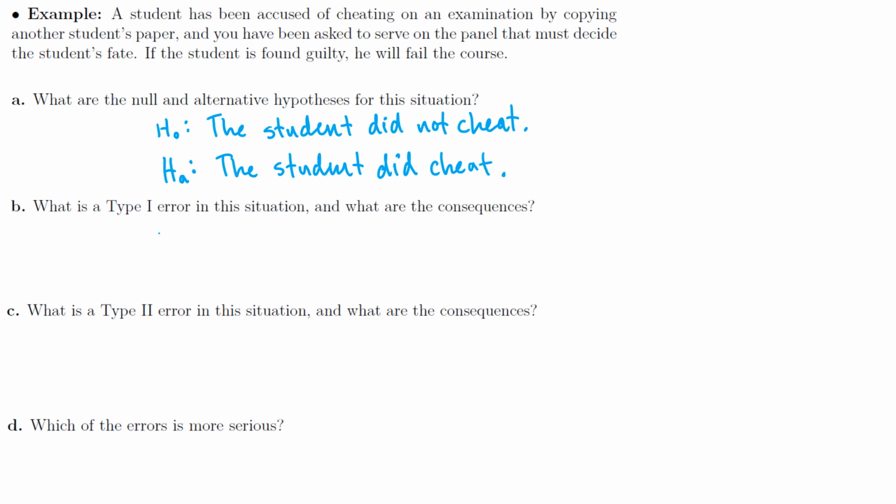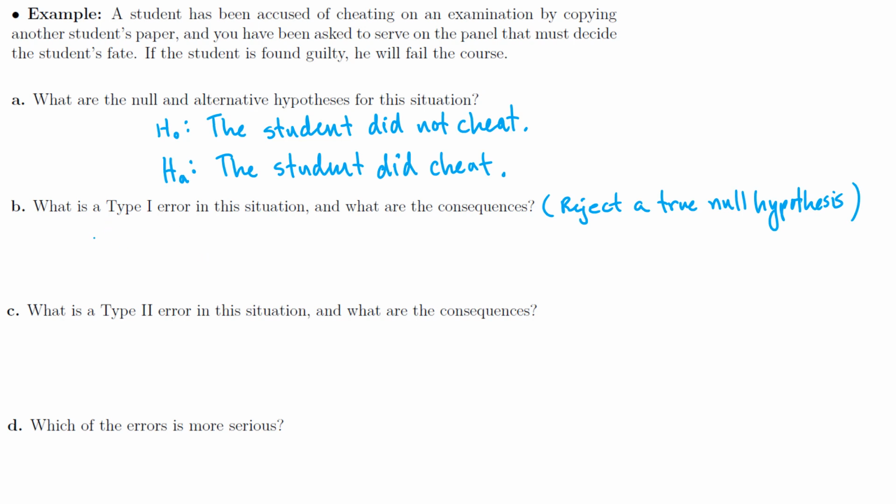Now, what is a type 1 error in this situation, within context, and what are its consequences? Remember, a type 1 error is that you reject a true null hypothesis. The null hypothesis is true, and yet you reject it on the basis of the evidence you collected. So what does it mean?